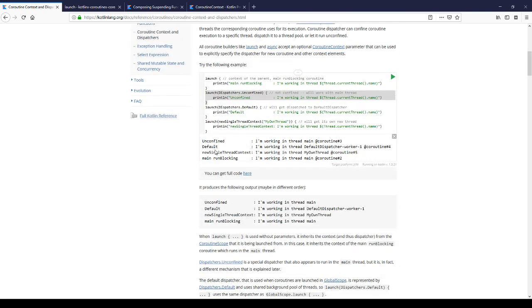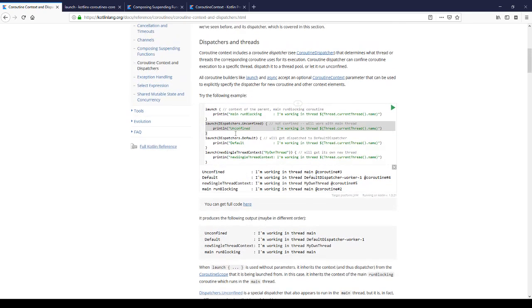So if there are multiple suspensions, because print alone probably has no suspension, or we can say the suspension point is at the very end of it, this println is fired directly on the main thread. So that's why we're seeing this.